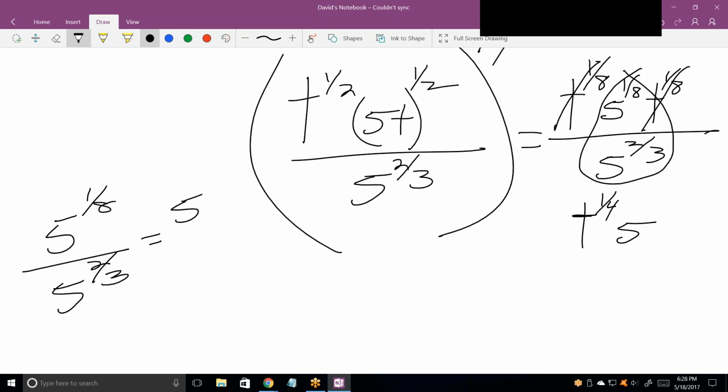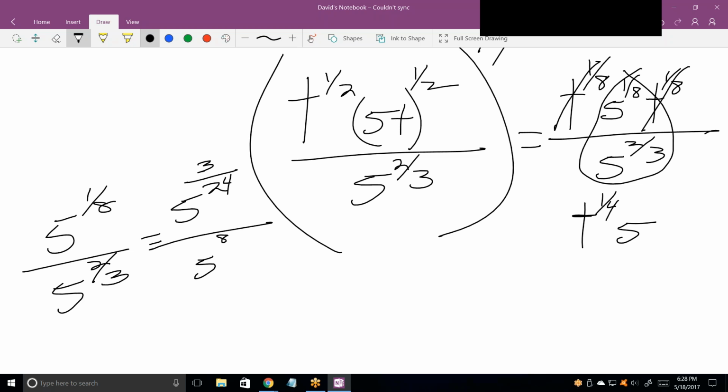Is it 24? You know what? 24 is definitely a common denominator. It may or may not be a least common denominator, but who cares? What we only need is a common denominator. And it turns out that it is the least common denominator, but I don't really care.